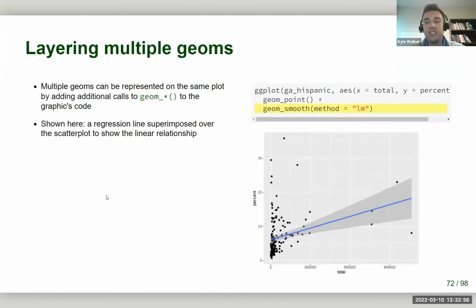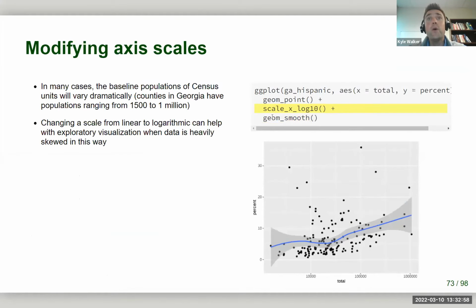And that's something that ggplot2 can do with this function here, scale_x_log10. So instead of using a linear scale to plot the x-axis, we use a logarithmic scale in which each tick basically is an exponential increase rather than a linear increase.